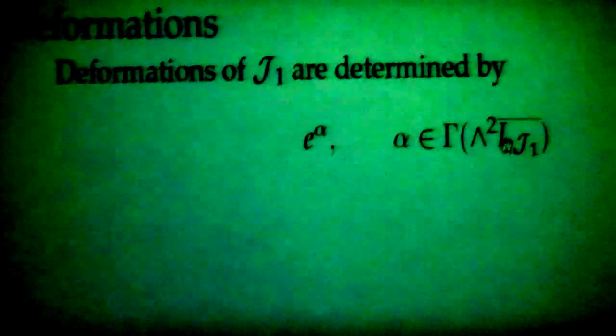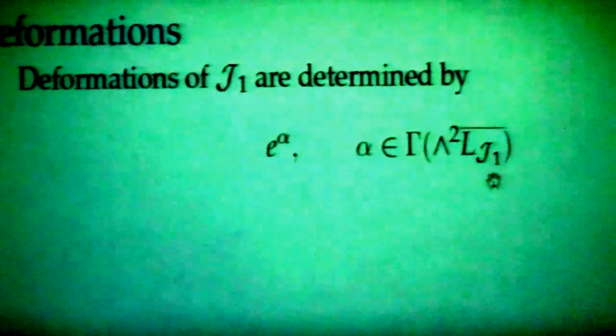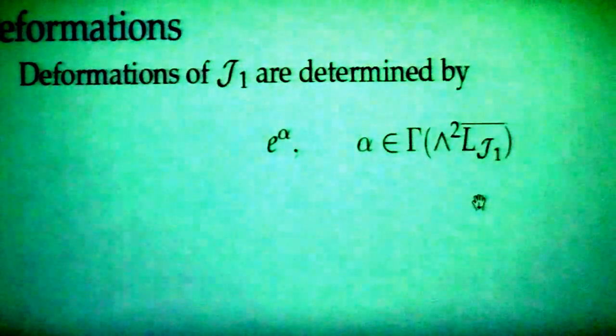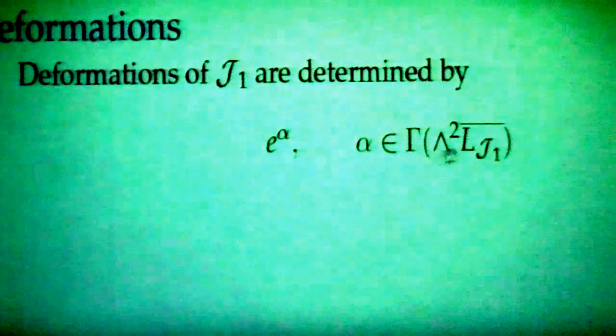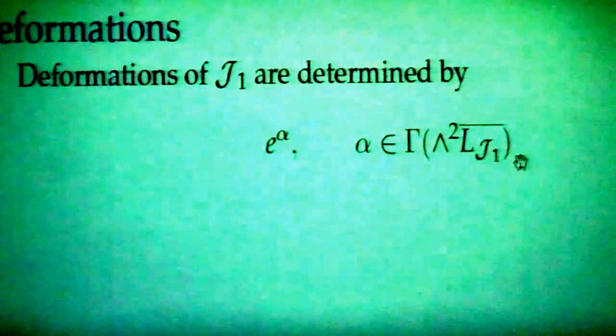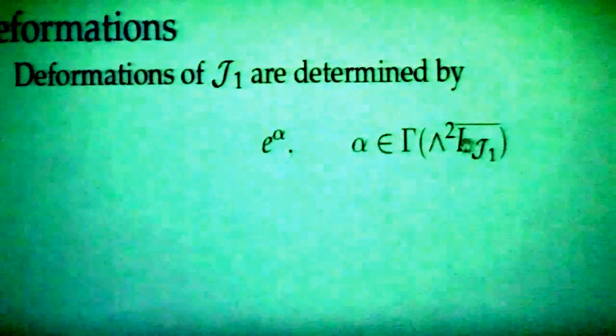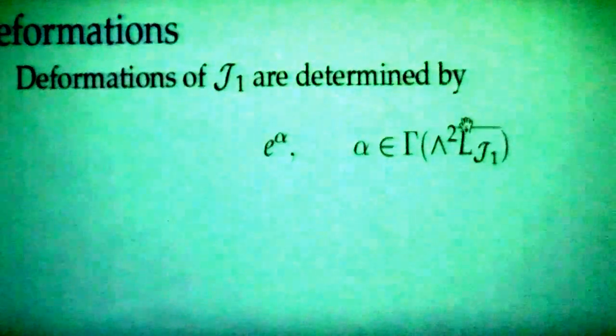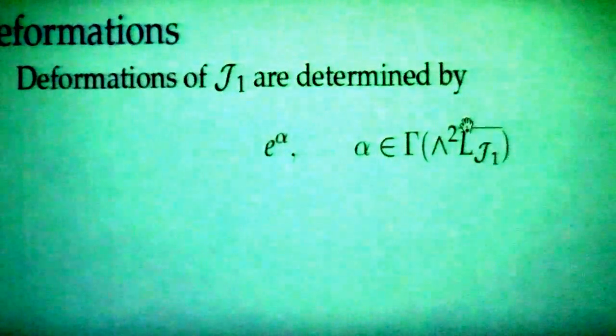Now, deformations of the generalized complex structure J1, they are given by exponential of elements in the Lie algebra, and you can actually get these elements to be of a specific type, like this one. When you write it this way, you actually have a unique, technically I should have put plus the bar and ask for real elements. It's a typo here. So you ask for real elements that underlie such elements here.